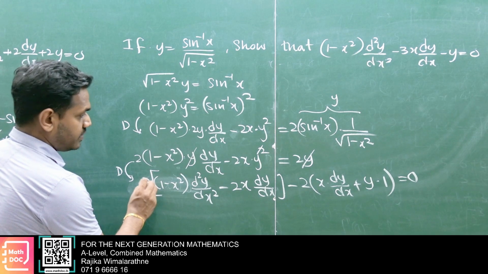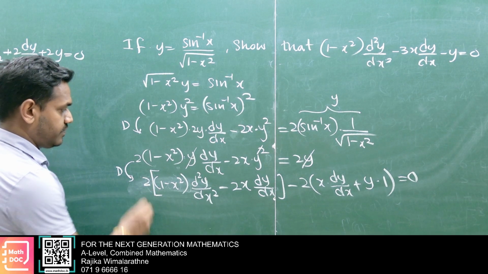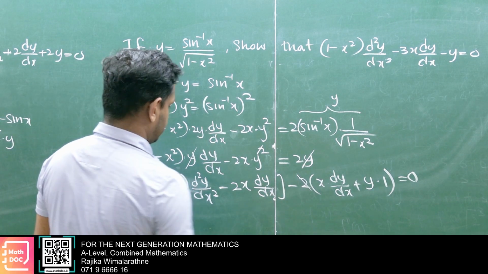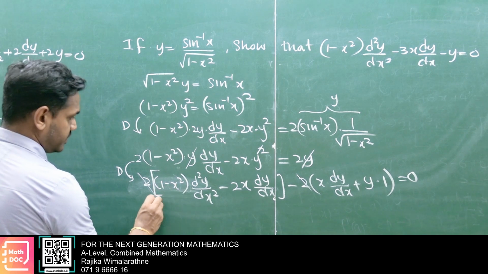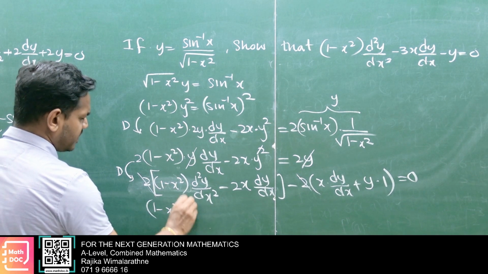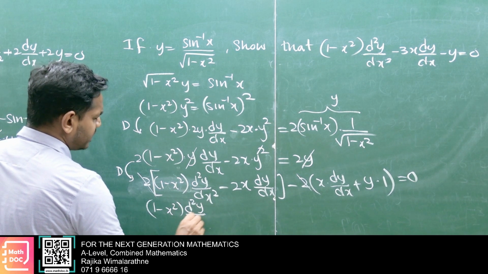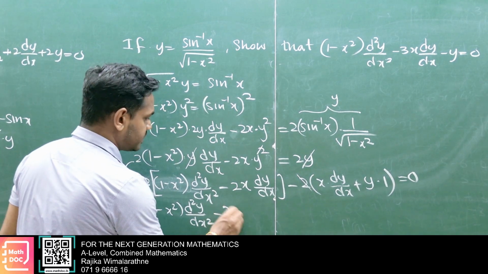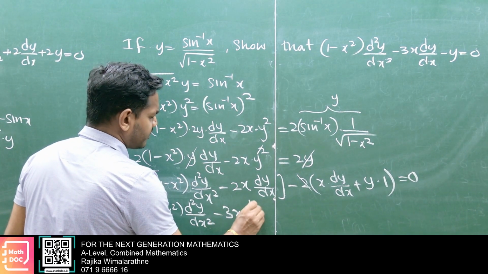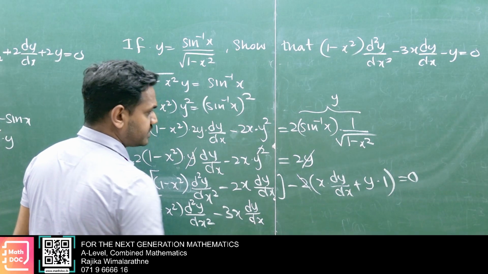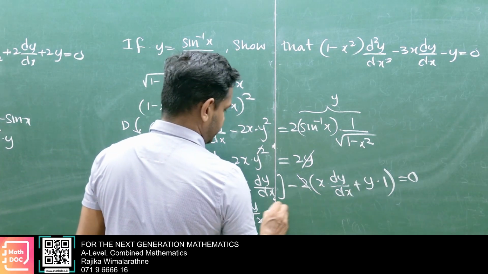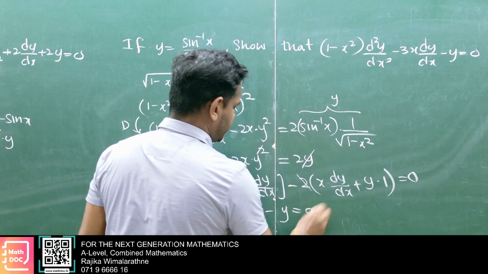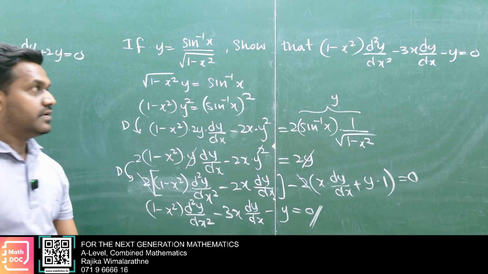Now cancel 2, then 1 minus x squared d squared y by dx squared, minus 2x dy over dx, here minus 3x dy over dx, here minus y equals 0. That's it.